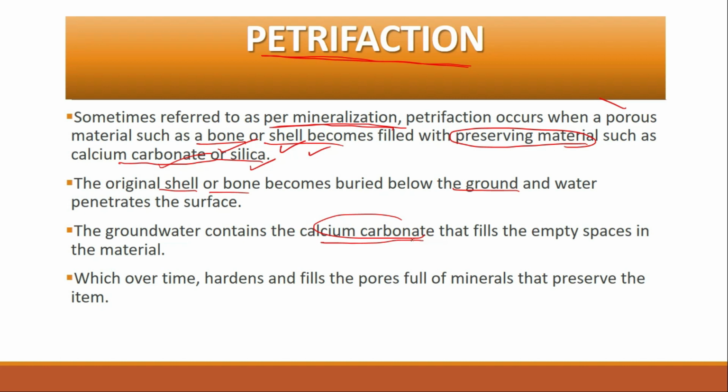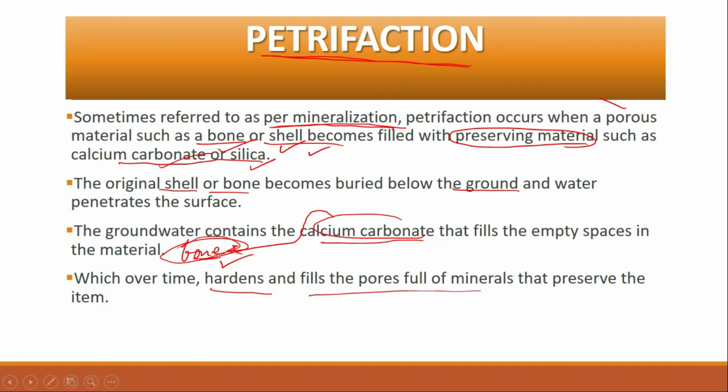So the groundwater contains calcium carbonate, a preserving material, and it fills the empty spaces in the porous material like bone, which over time hardens and fills the pores full of minerals.